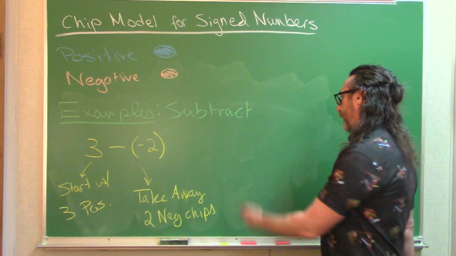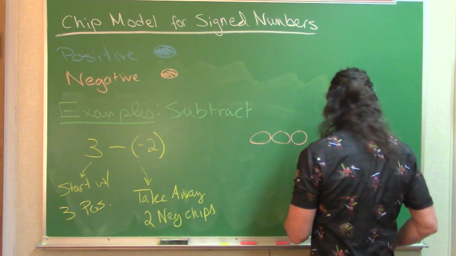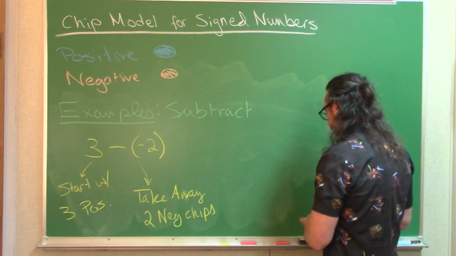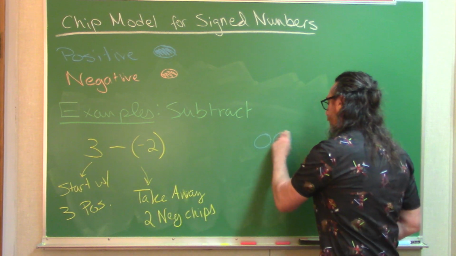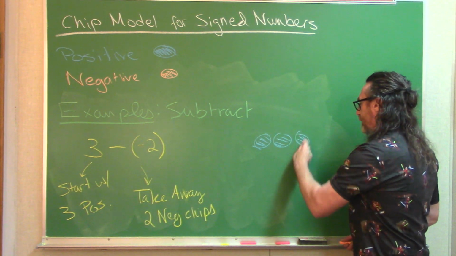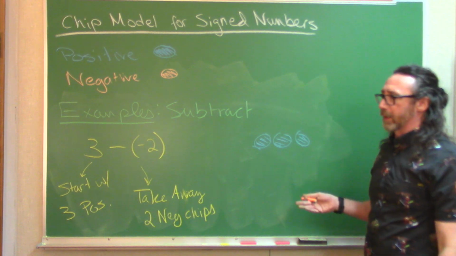Now this is where you might say, well, Dr. Mack, that doesn't sound possible. Oops, that's 3 negatives. I'm supposed to start with 3 positives. 1, 2, 3. You just said start with 3 positives. Well, where are the 2 negatives for me to take away?